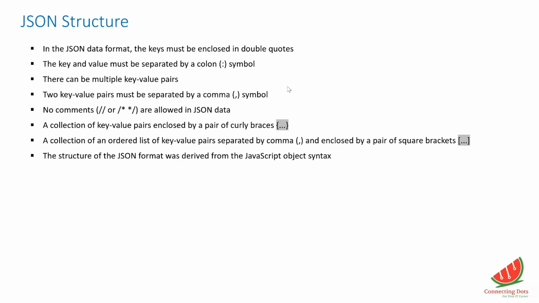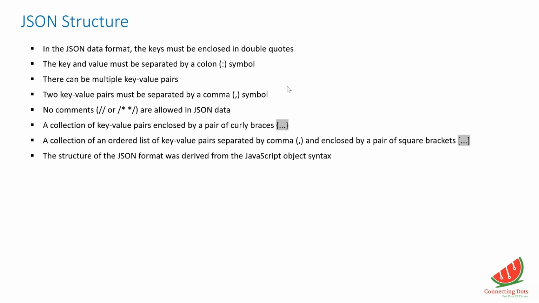In an entry, key equals the attribute name or property name, and value is the value of that attribute for that user, right? Or if you know a little bit about Java, you know about HashMap, TreeMap. A map is nothing but key value pairs. JSON is nothing but key value pairs.